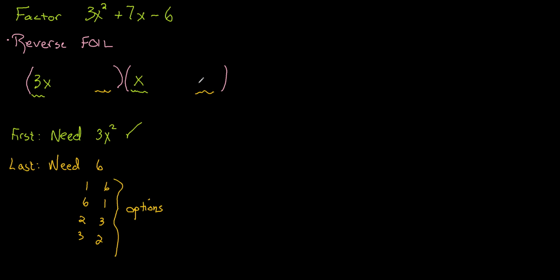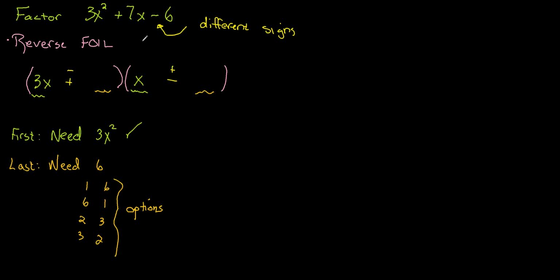The other piece of information that we have here is some information about the signs. So when the last sign is negative, this tells me we're going to have different signs in our two little factors here. So I could have a plus minus, or maybe I've got a minus and a plus.